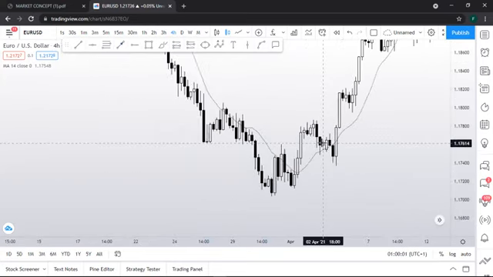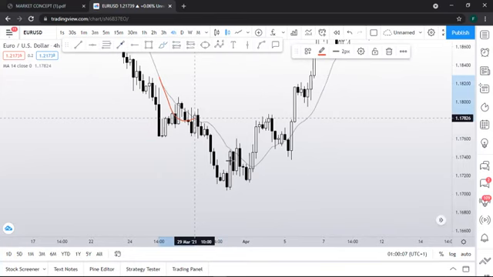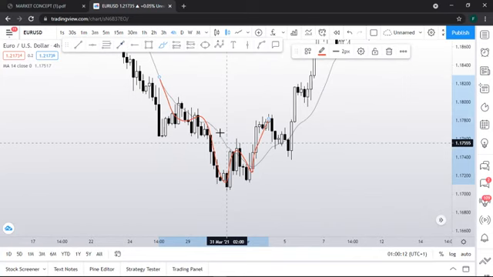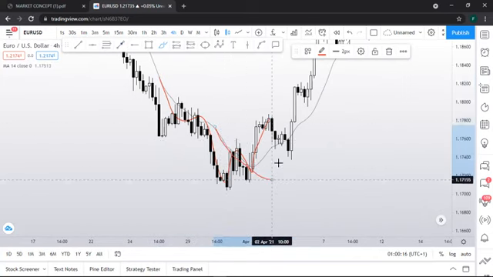entries. Now, that means that when price is going bearish, all right, price action is bearish, when our moving average successfully crosses, let me take these off real quick.